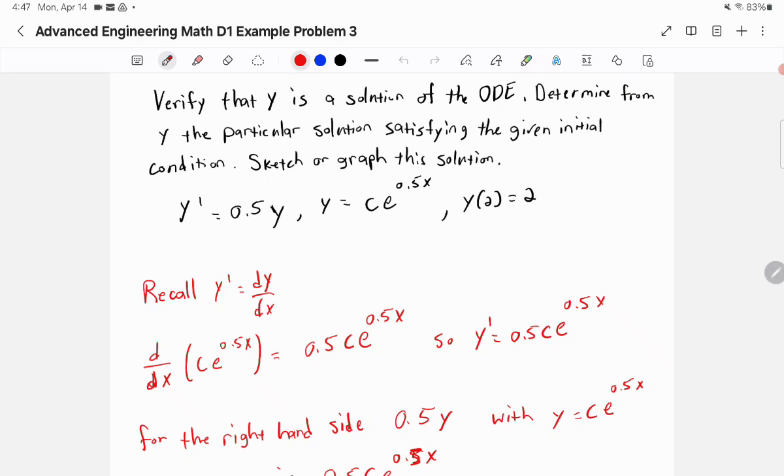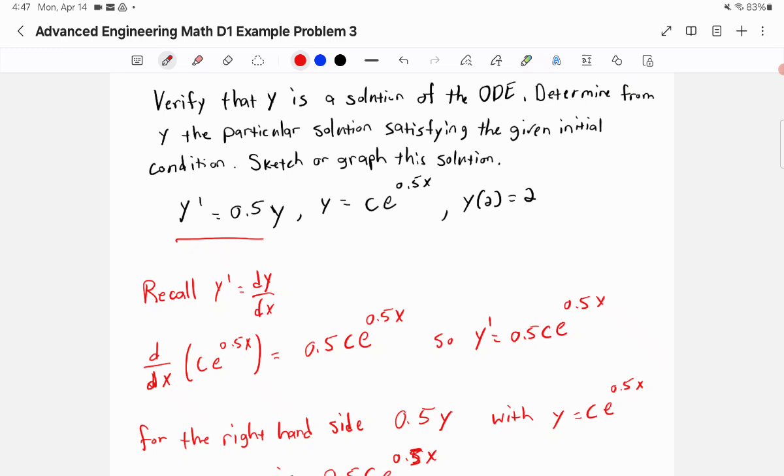So we have the ordinary differential equation, y prime is equal to 0.5y. Now, as you should recognize at this point, this is a first order ordinary differential equation.